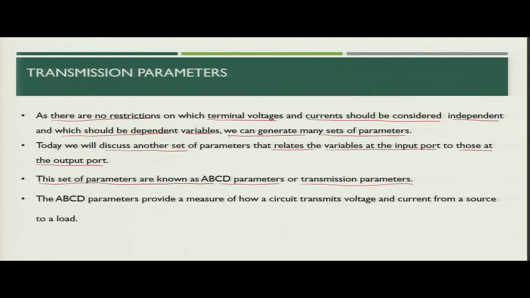ABCD parameters are very important in power systems because they provide a measure of how a circuit transmits voltage and current from source to load. So, the relationship between V1, I1 and V2, I2 is important, and we will discuss the ABCD parameters today.